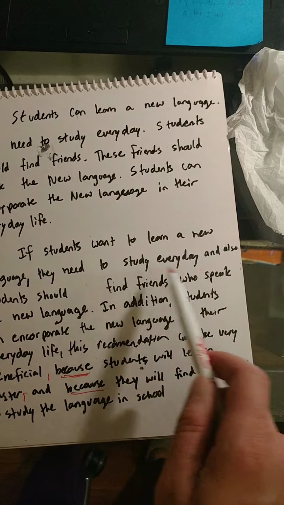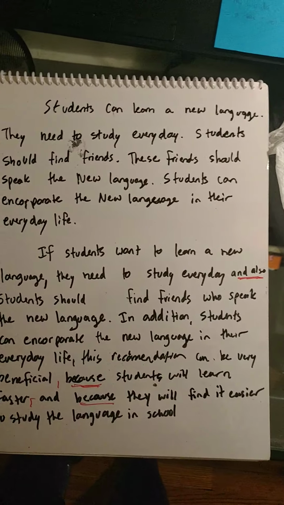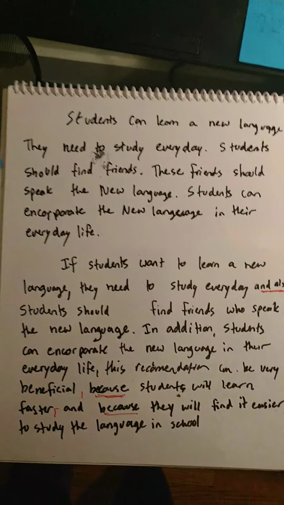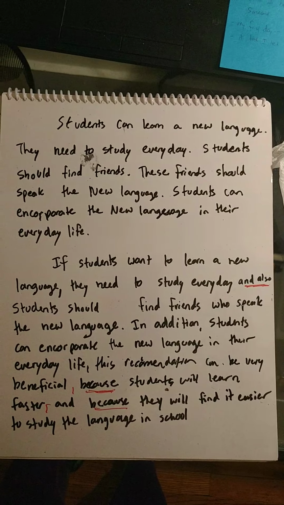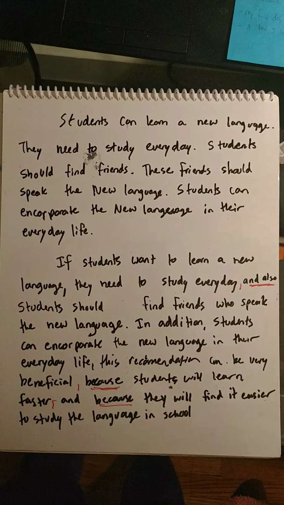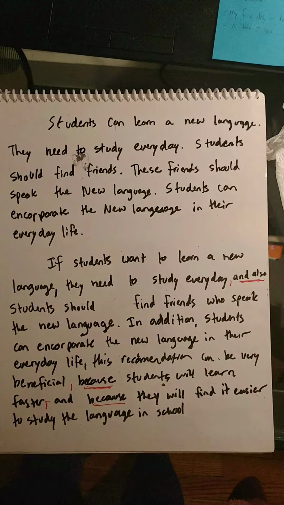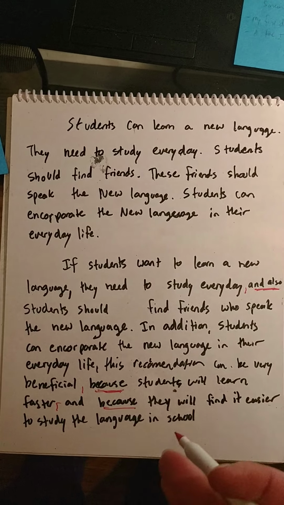Let me see, where was it? And also up here. So they just keep adding on, and also, in addition, because, and they just have little commas here and there. Instead of adding on information, think about sentence structure and divide it up.